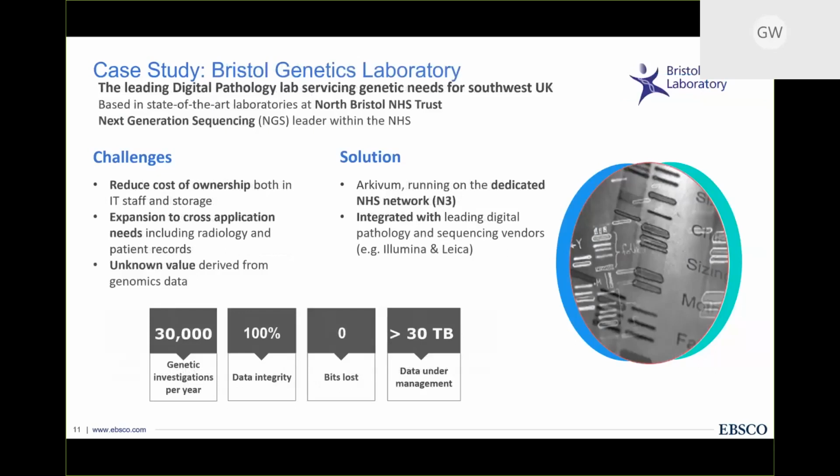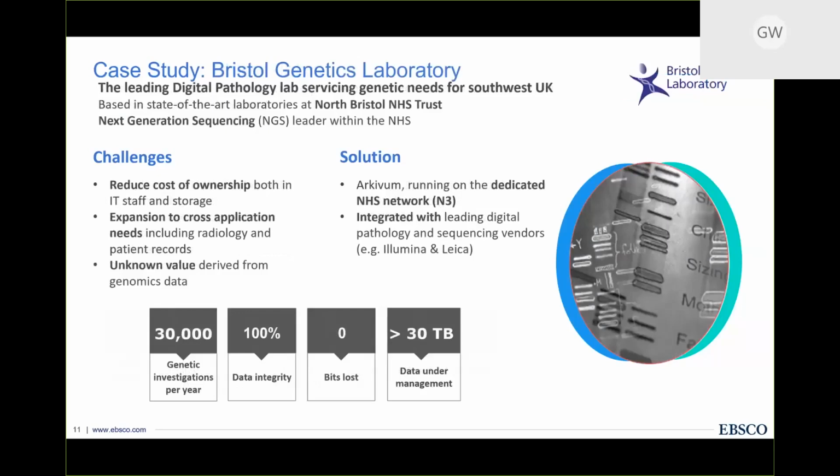And the final one here that I'll review is Bristol Genetics Laboratory. They were a newly created laboratory as part of Bristol Southmead NHS hospitals. They're generating about 15 terabytes a year of NGS, next generation sequencing data. The two big components they had were, first, that they needed to run within the NHS network.